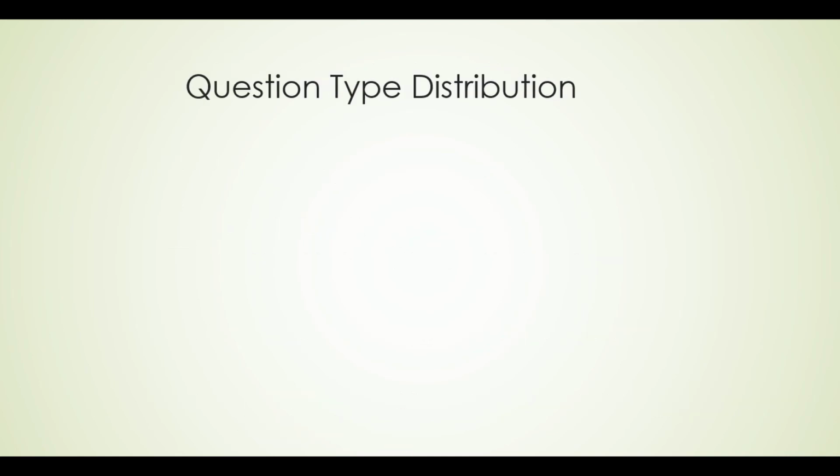Okay, so let's talk about the question type distribution. As you saw earlier, you get anywhere from 5 to 6 text completion questions on a single section. So that means that the text completion questions comprise 25 to 30% of the verbal section.